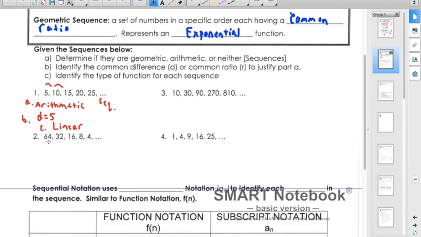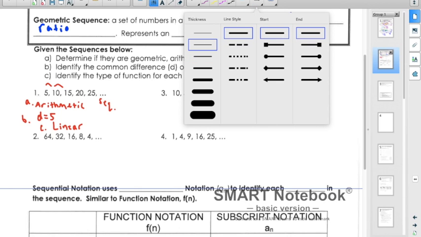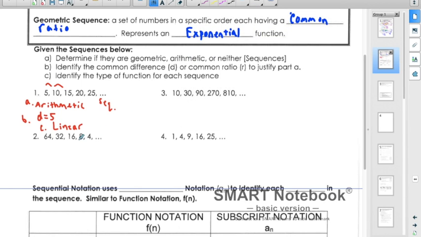Number 2, I'm going from 64 to 32 to 16 to 8 to 4. Okay, well, hopefully we see that's not a linear function, but that's definitely exponential. And what is it? What am I going down by? How do I figure that out? Just look at it. How much am I going down by? I'm going down by half, right?